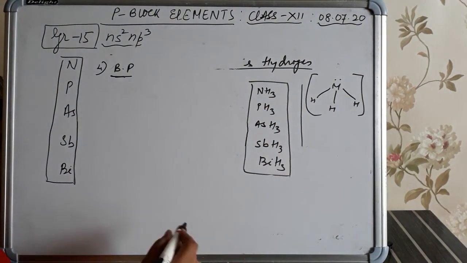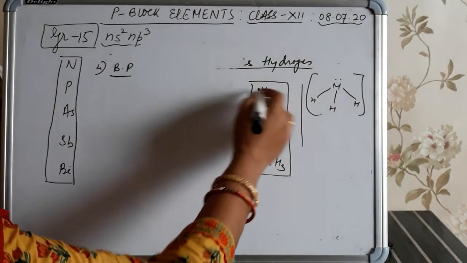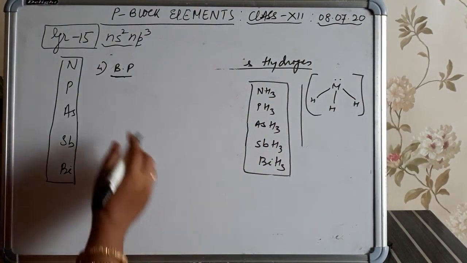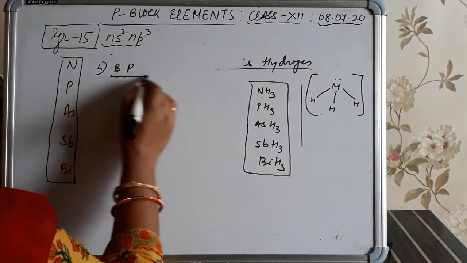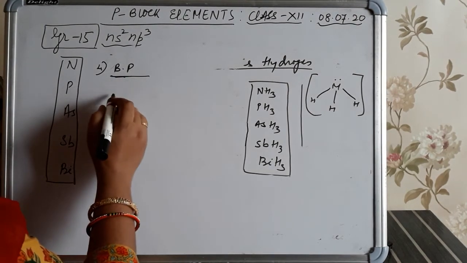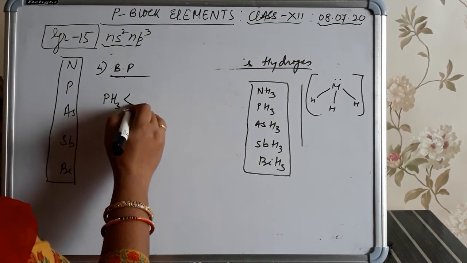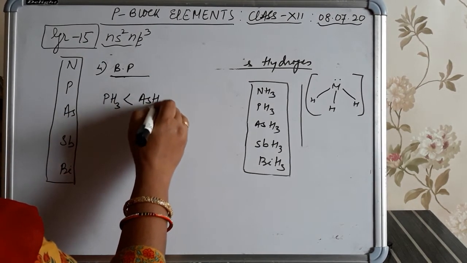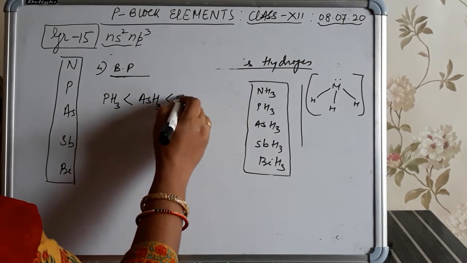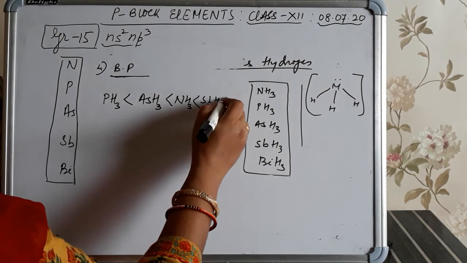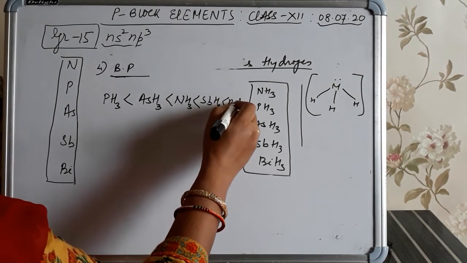But in case of ammonia, we know that ammonia has a high boiling point due to H bonding. So here the trend slightly changes: PH3, then arsenic hydride, then NH3, then antimony hydride, and then bismuth hydride.